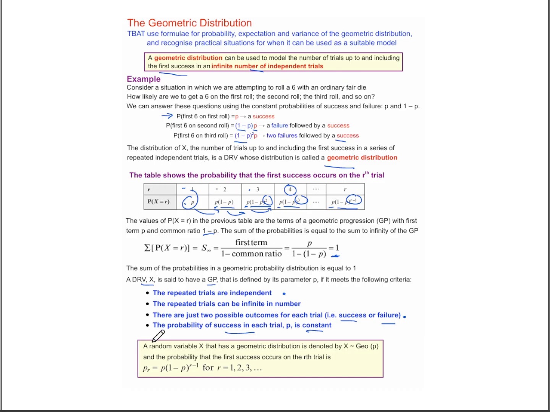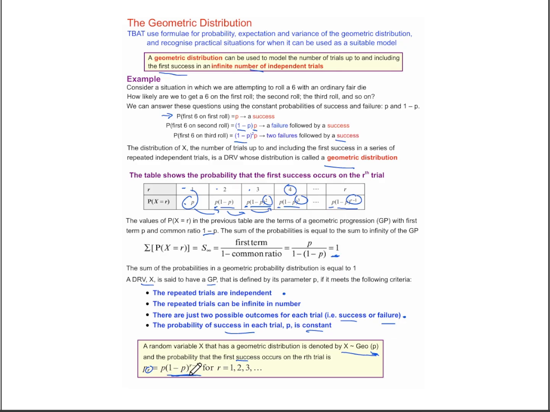A discrete random variable x, which is geometrically distributed, is shown by x tilde Geo, Geo standing for geometric distribution, with 1 parameter, which is just the probability of success. And as we saw earlier, the probability that the first success occurs on the rth trial is just failure for the first r minus 1 trials.